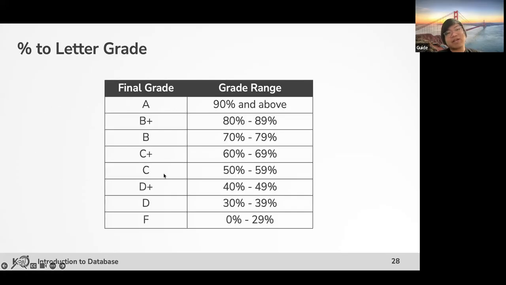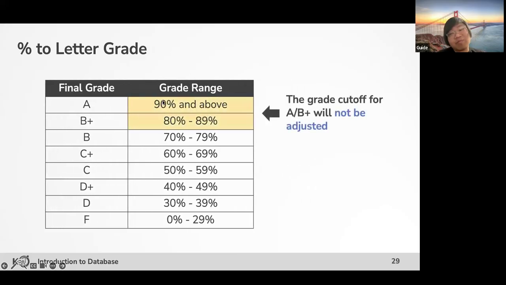This is the way we translate your score into the letter grade. You can see it is almost the same as in programming, but now B is narrower, and C plus and C as well. F is now from 0 to 29 instead of 0 to 9. So the grade might not be as good as in programming. Let me warn you about that.